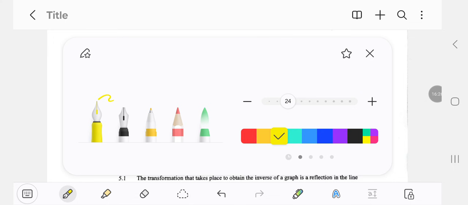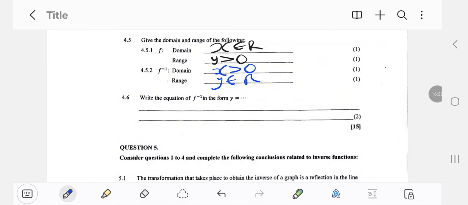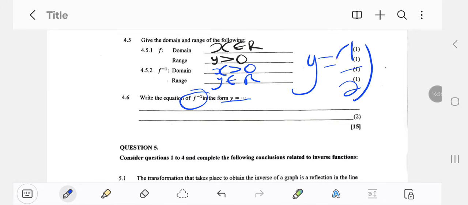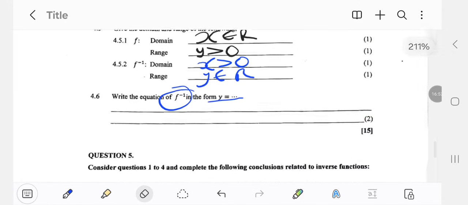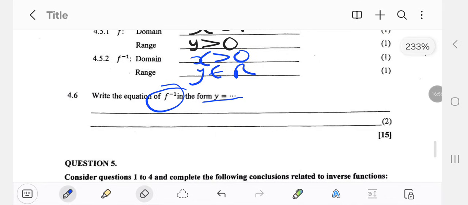4.6. Write the equation in the form of log. So the original equation was 1 over 2 to the power x. This can also be written as y equals 2 to the power minus x. Now, this is the original equation. From the original equation, y equals 1 over 2 to the power x.